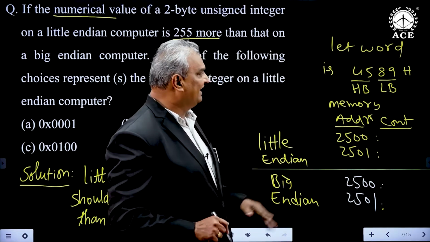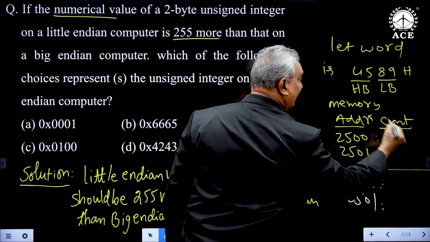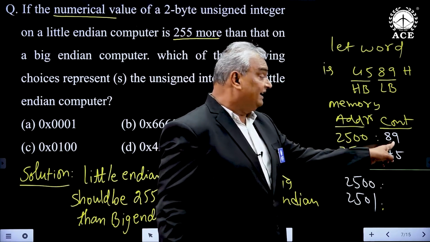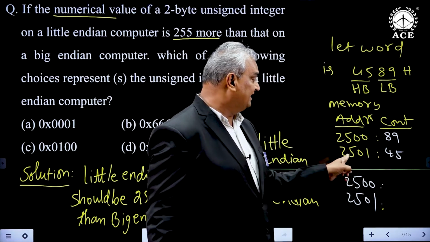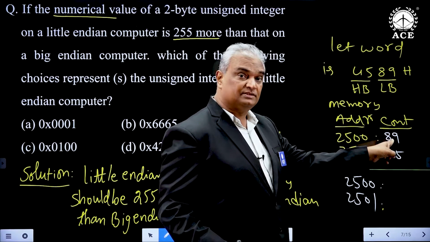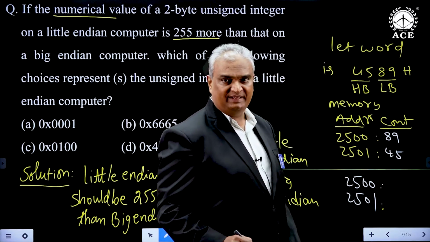If it belongs to little endian, first you should store 89 here, later 45 here. Means 89 is stored at the address of 2500, 45 is stored at the address of 2501. Means, first of all, lower byte is stored at the first memory location. Next, higher byte.